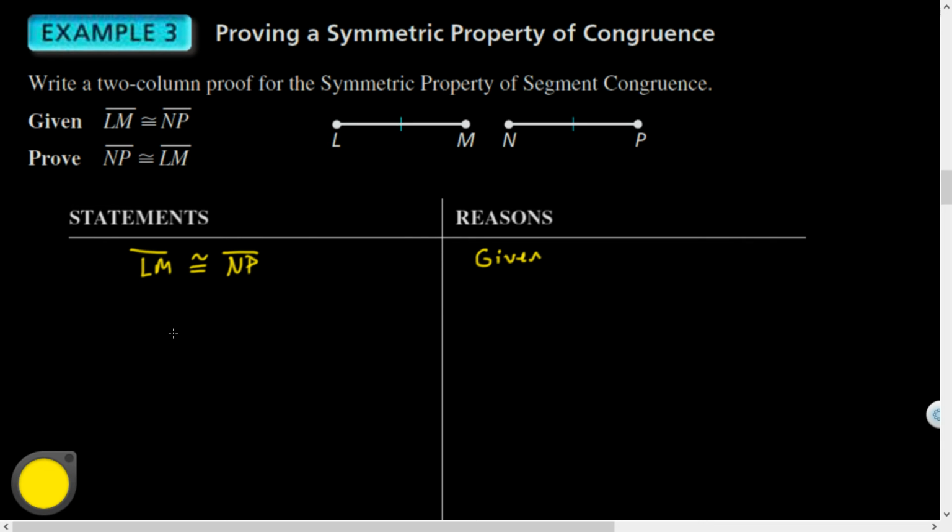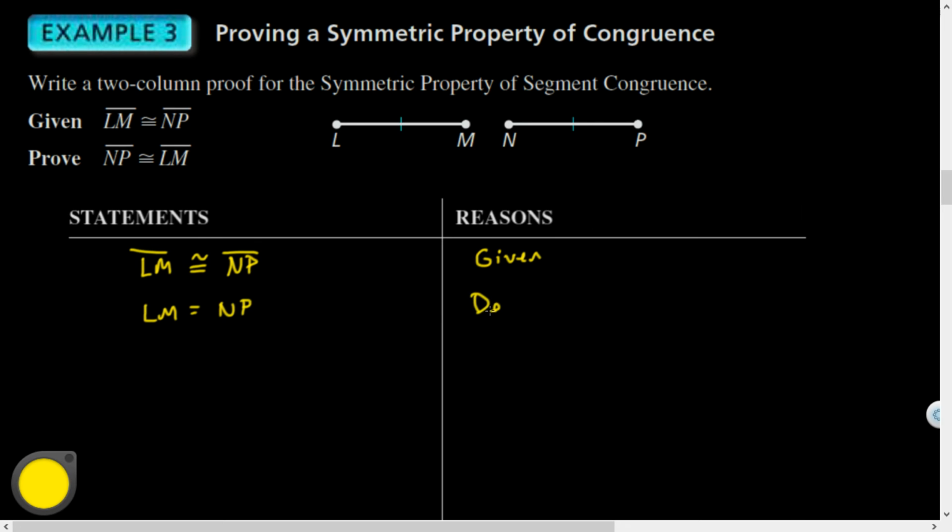Let's see, next thing I can say. And what's nice is once I prove this, I never have to prove it again, because this will be a theorem, and then I can just use it as its own theorem. Okay, how about this? Do you guys think this is true? LM is equal to NP. You believe that? If the segments are congruent, their lengths are equal.